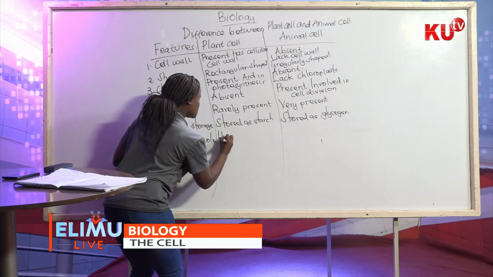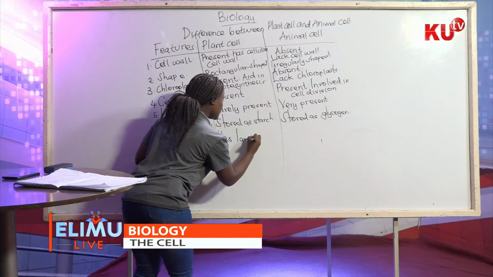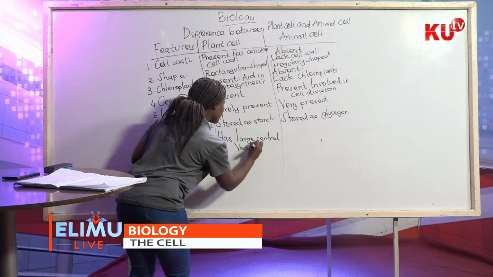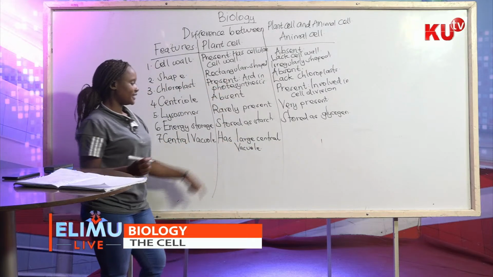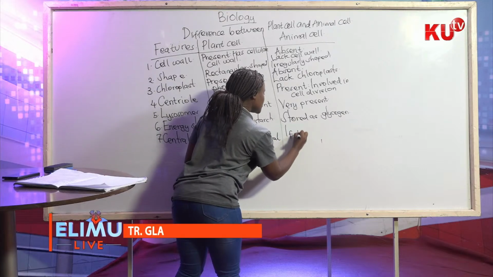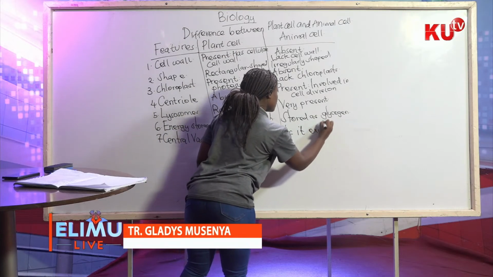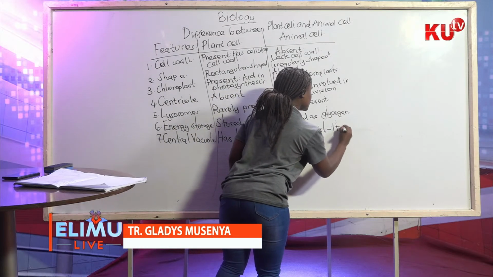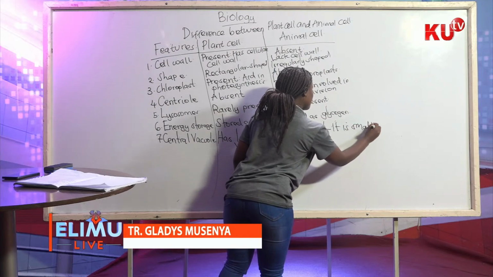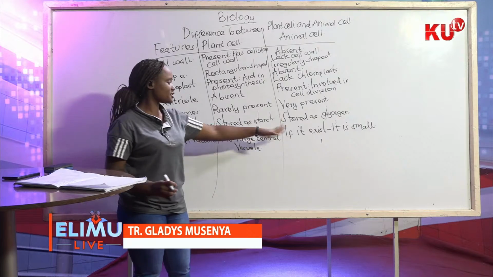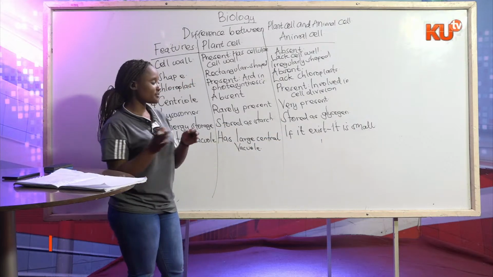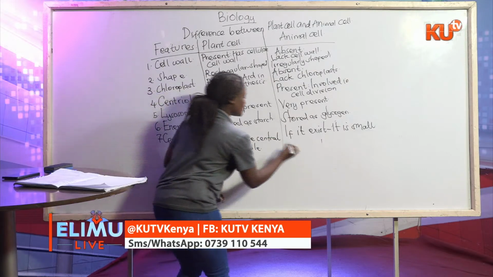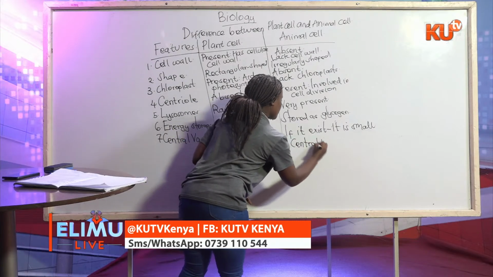And in animal cell, if it exists, it is small. If it does not exist, it might exist or it might not. So if it exists, it is small.